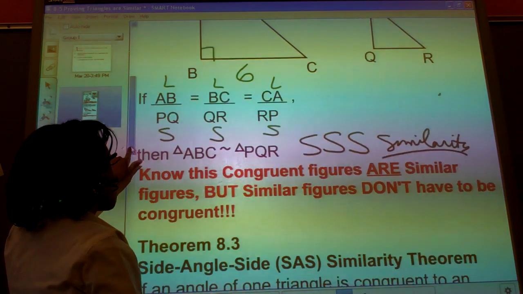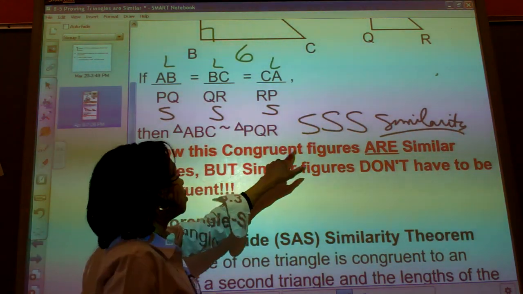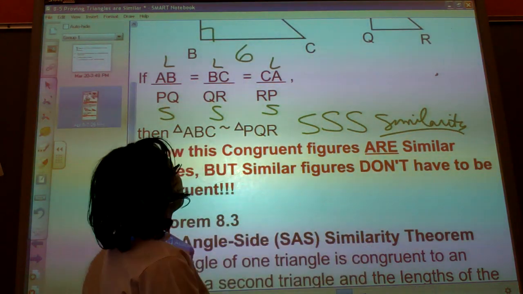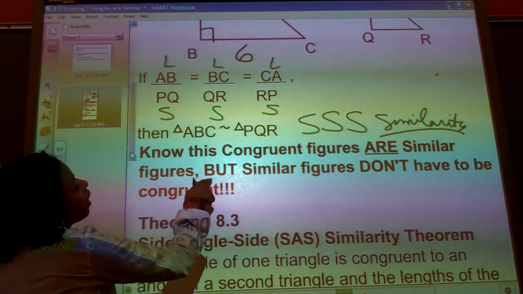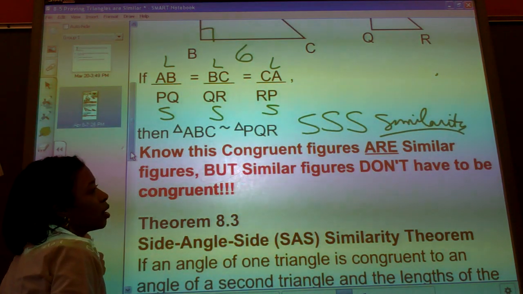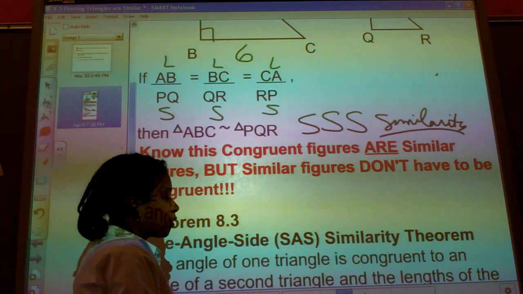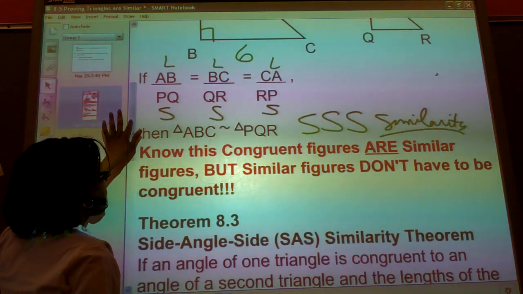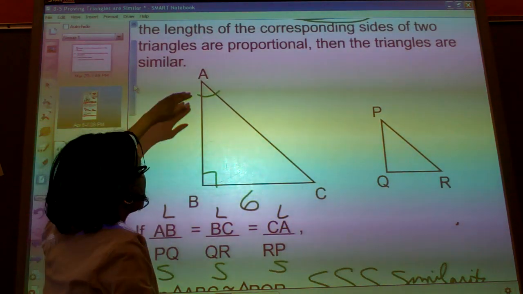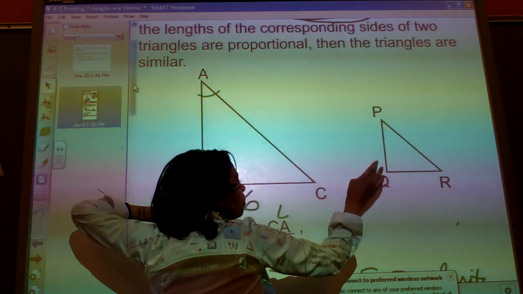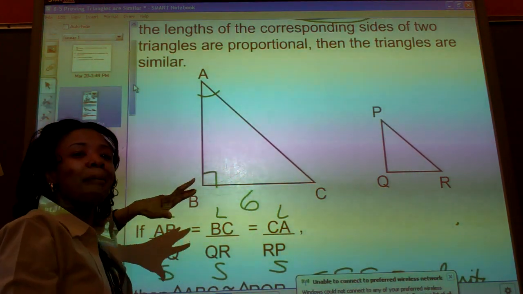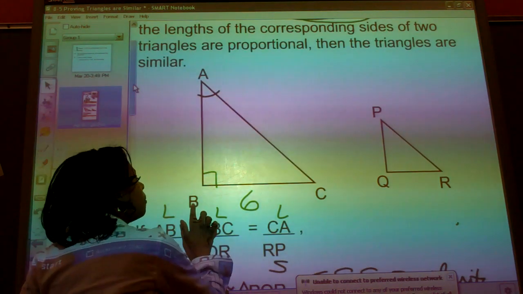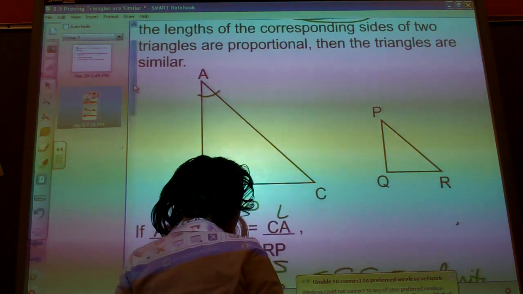Now, know that congruent figures are one thing, but similar figures don't have to be congruent. They don't necessarily have to be the same length. I'll say really quickly what I said before. AB is proportional to PQ. It does not mean they have to be the same length. BC is proportional to QR.